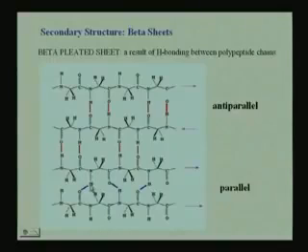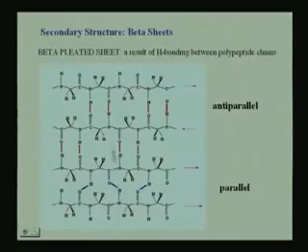This has a hydrogen bond with this amino acid, and the CO of this amino acid here has a hydrogen bond with another amino acid. Do you see the difference? It is very, very clear. Okay?